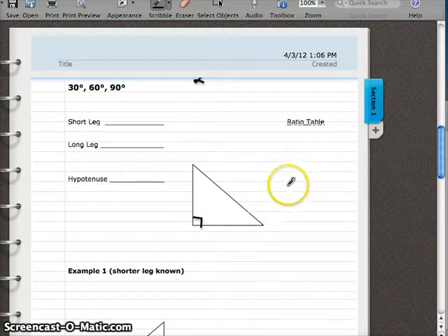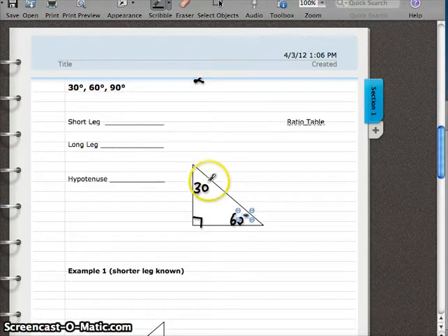Another different type of right triangle, it's called a 30, 60, 90, and that's because aside from our right angle, our 90-degree angle, we'll have a 30-degree angle and we'll have a 60-degree angle. And these could be at either side, it doesn't matter what side they are, they're going to vary in your problems.